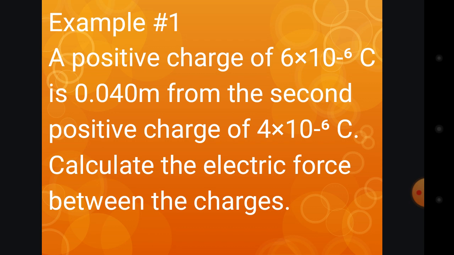We are to calculate the electric force between these two charges. So let's see if we can calculate it.